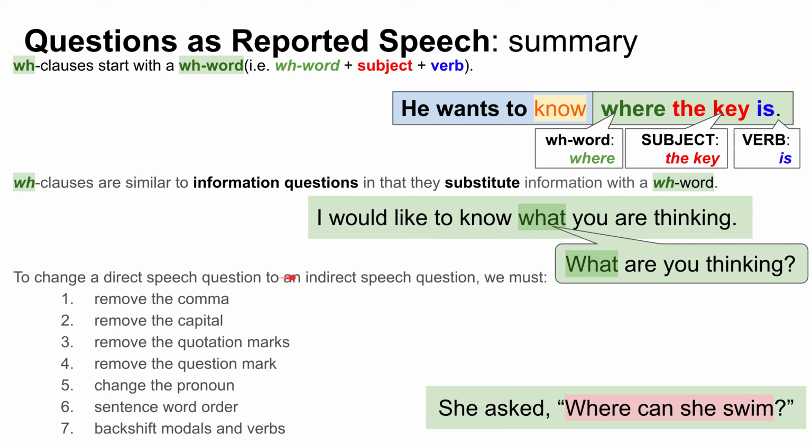And to change a direct speech question to an indirect speech question, we must remove the comma, remove the capital, remove the question marks, remove the quotation marks, change the pronoun if necessary. But here it's not necessary. And change the sentence word order. So she can, could, she could, and backshift modals and verbs.